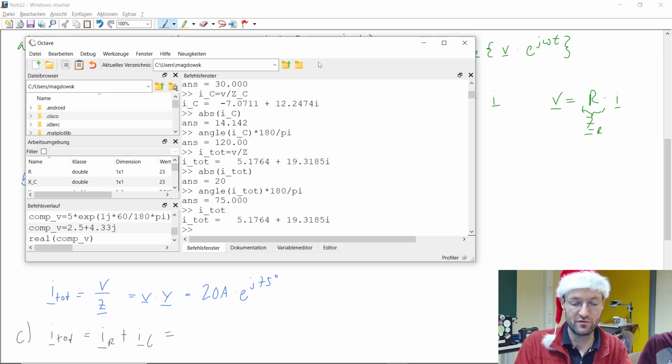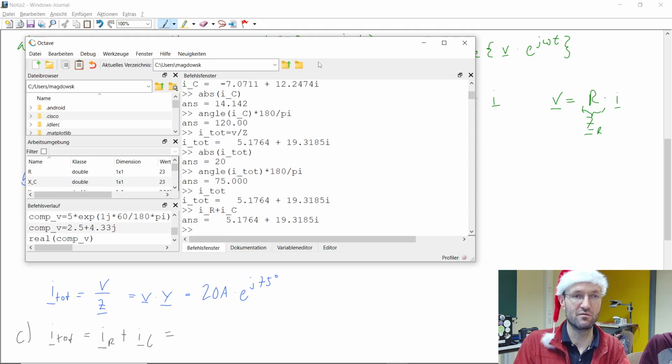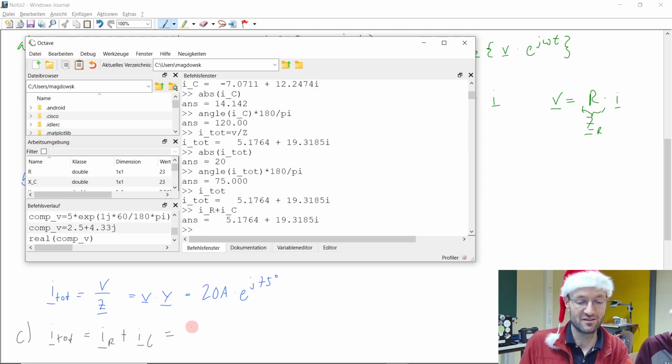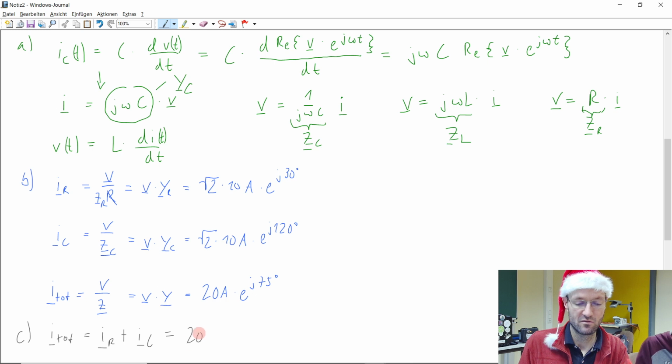And so now if I say I want to have IR plus IC, we should get the same value, and we get the same value. So this perfectly makes sense. So we get the same, of course, 20 ampere times e^(j75 degrees). Check.